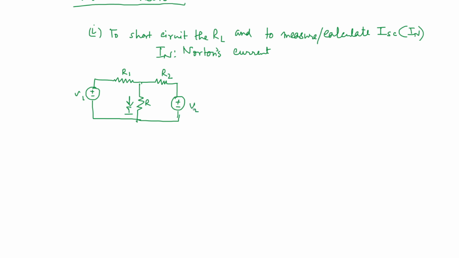Now the first step of Norton's theorem is just to make a short circuit of the load resistance. Unlike Thevenin's theorem, where it was the open circuit, in case of Norton's theorem it should be short circuited. The load should be short circuited by this.